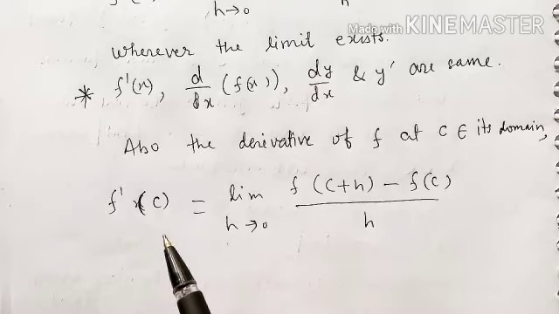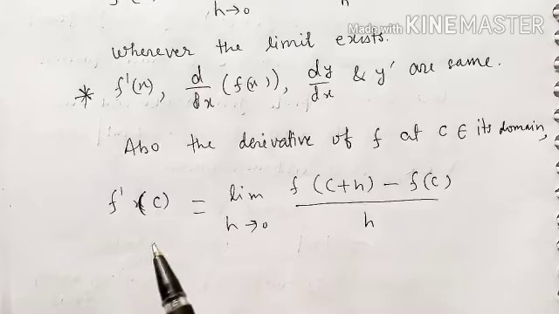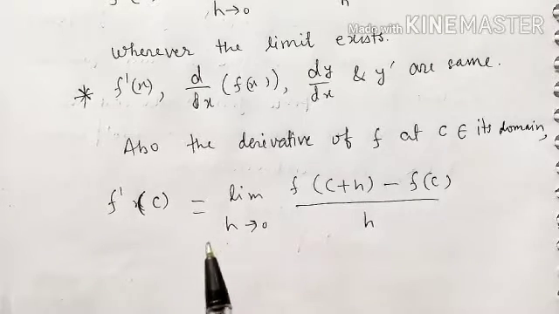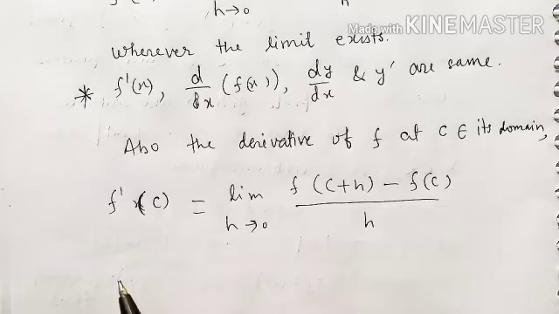The derivative of the difference of two functions is the difference of their derivatives. The derivative of the product of any two functions is equal to first function into derivative of second function plus second function into derivative of first function.